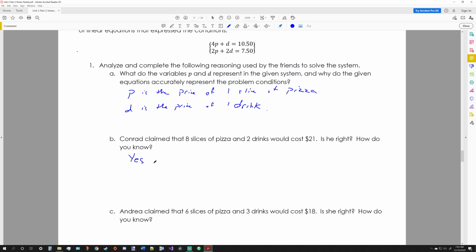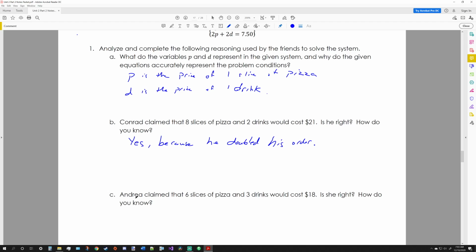He is correct, because he doubled his order. Right? If you get 4 slices and 1 drink, and it costs him $10.50, then if you just double the amount you get, you should double the amount that it costs. So that would be correct.